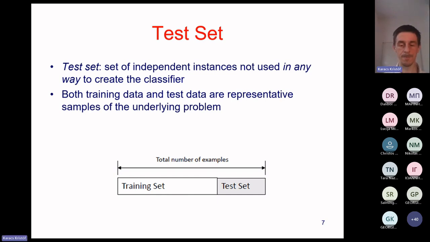This difference can be both in terms of the input attributes. So there might be more samples from one part of the input space in the test set than in the training set. And it might also be in terms of the labels. So some classes might have more samples than the others.